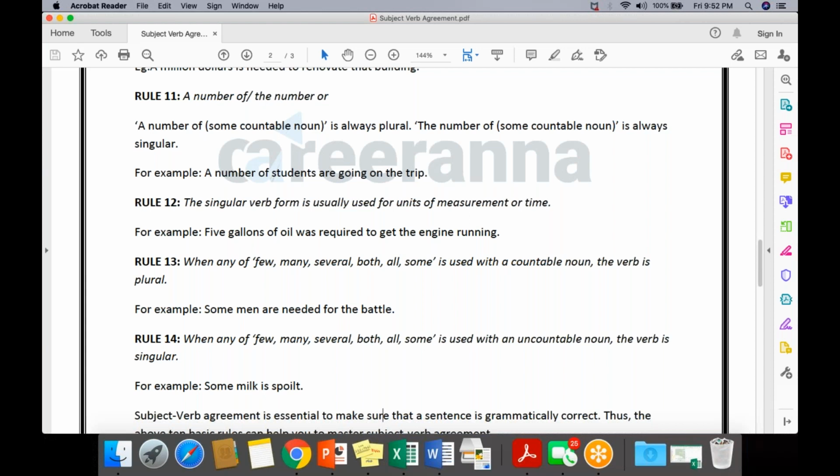Now, coming to rule number 11, a number of a countable noun is always plural. A number of students are going on the trip. A number of flowers were not smelling good. A number of bricks fell off.